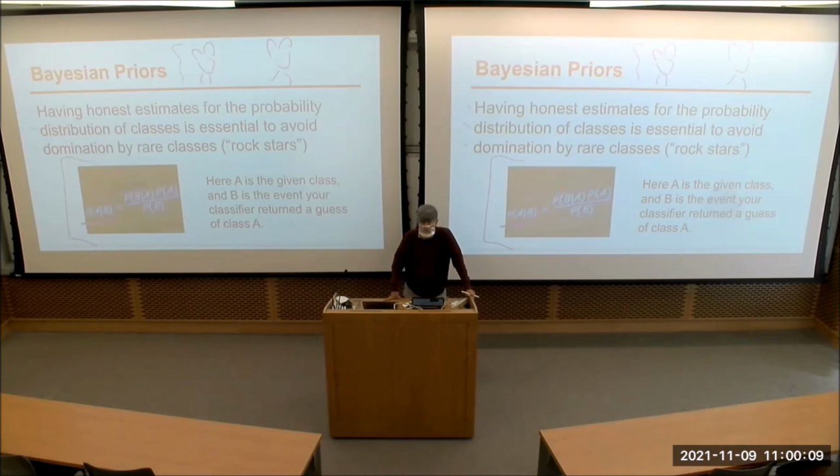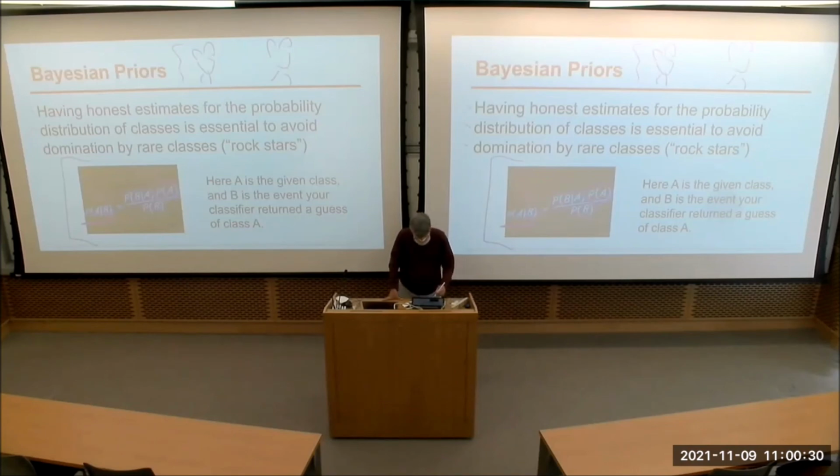Suppose I look at a picture and I say this is 93% chance of it being a panda. P of A was the prior probability. What's the probability of a picture I take being a panda?